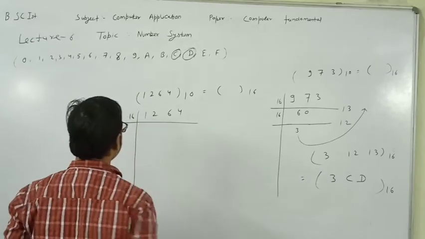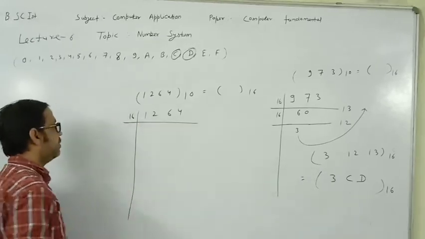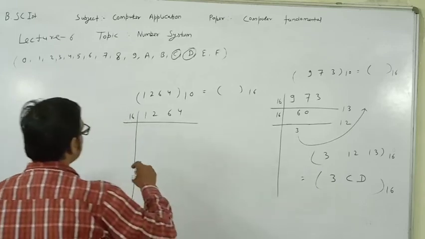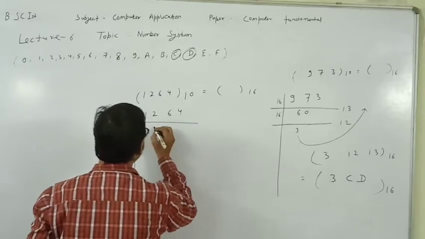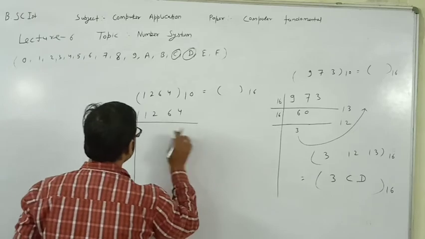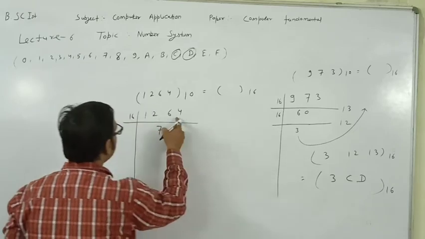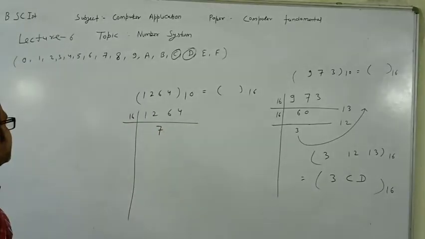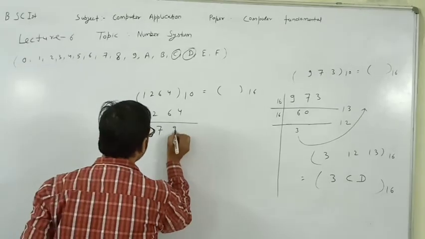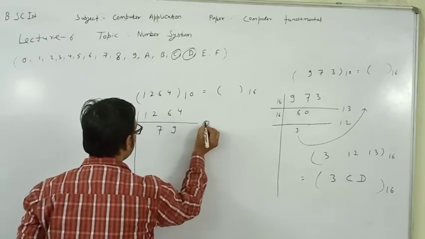So this is 126 and 16 sevens are 112. So 14, 16 nines are 144. So it gives you 0.